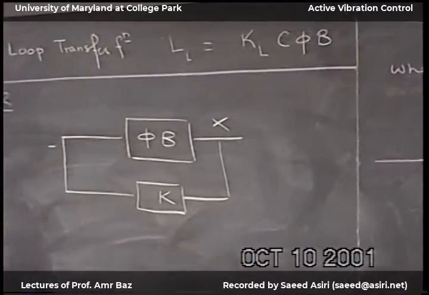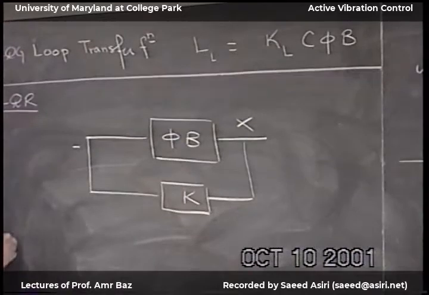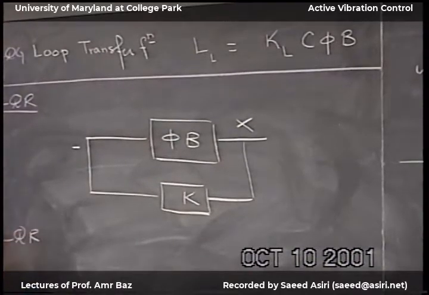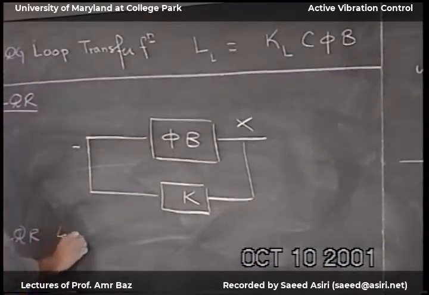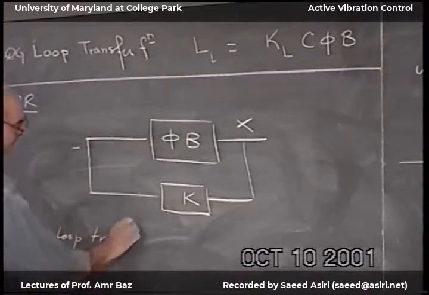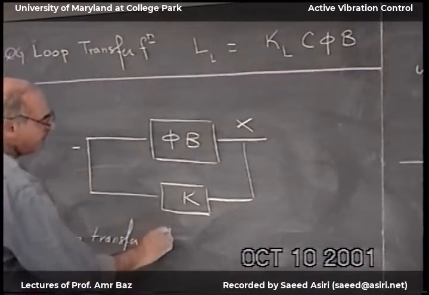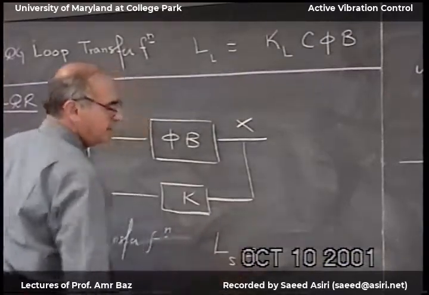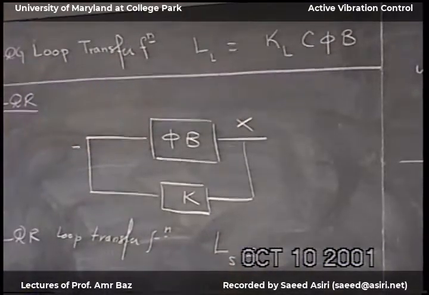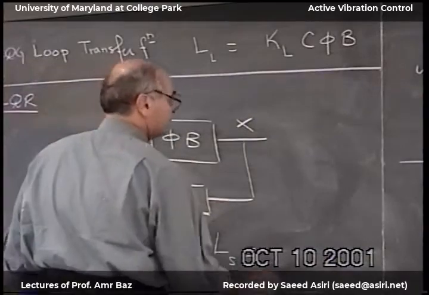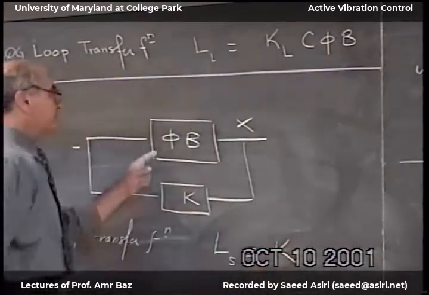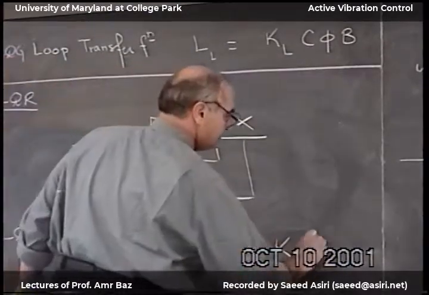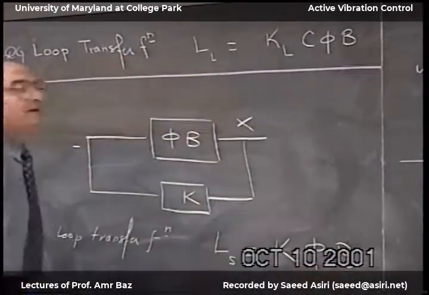Now for this case, the LQR loop, we call it loop S. So I have it in the notes, it's a pretty stupid name, but okay: K, and then phi, and B.